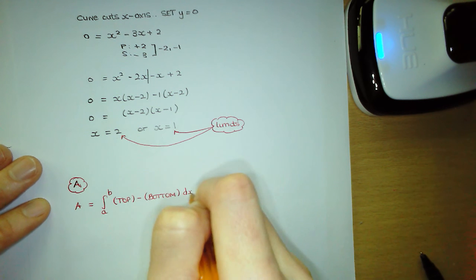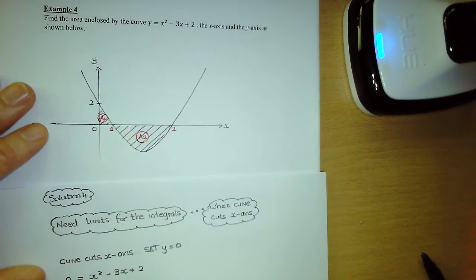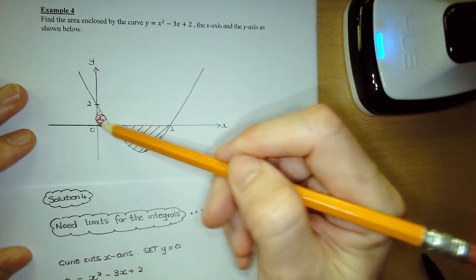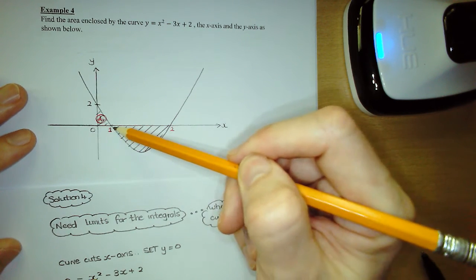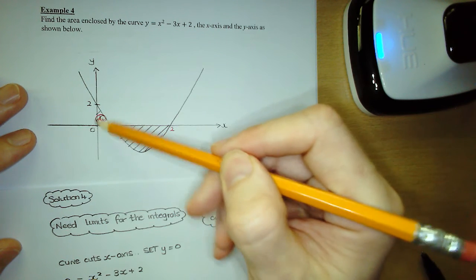Now, copy down our integral sign. So let's go back to the diagram. So we look at A1. The limits, remember, are the values of x, the values on the x-axis that the area lies between. So this area here lies between 0 and 1. So those are our limits.